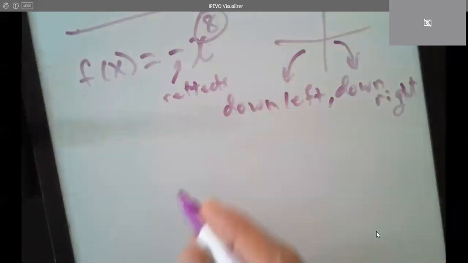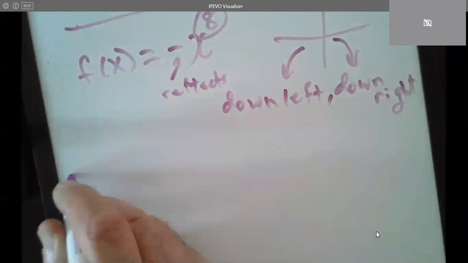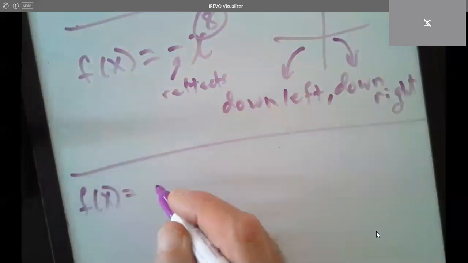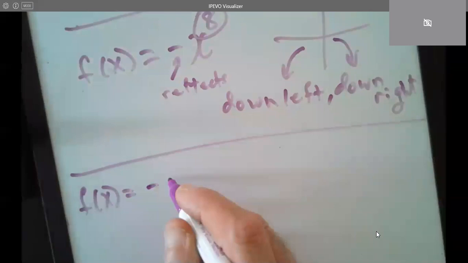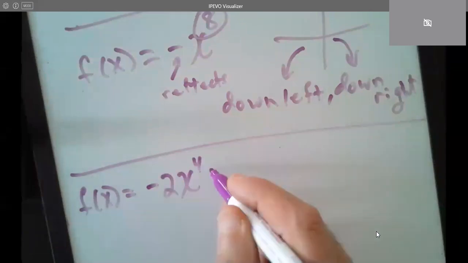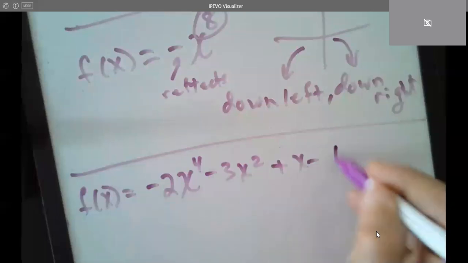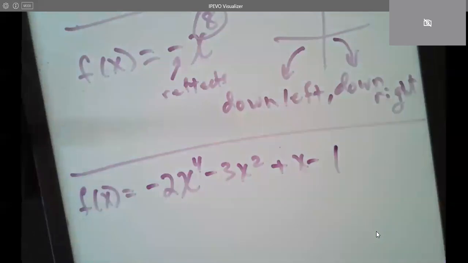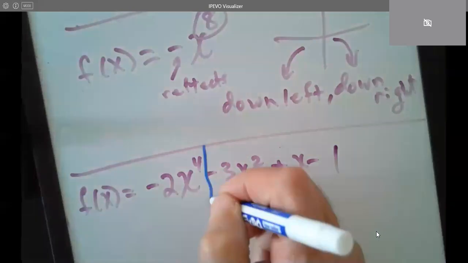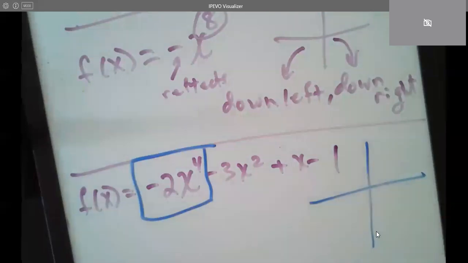Okay, let's try this. F of x is equal to negative 2x to the 4th minus 3x squared plus x minus 1. Okay, so all we look at here is that leading term. That's all we look at. And that's going to tell us what our end behavior is.